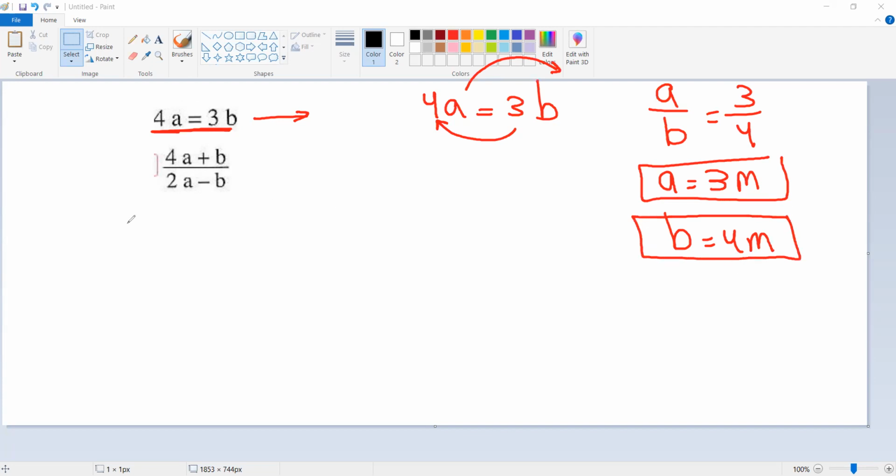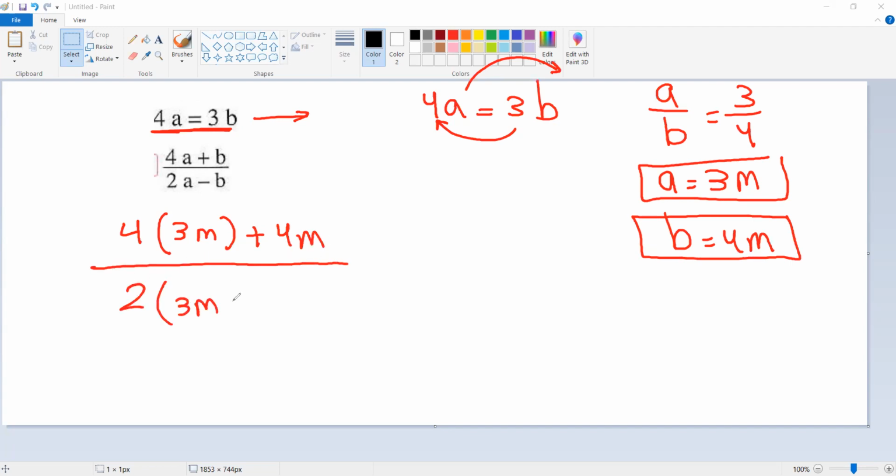So I want to get 4a. So 4 multiplied by, instead of a, you write 3m, and plus b, instead of b, you write 4m, over 2a, instead of a write 3m, minus b, minus 4m.